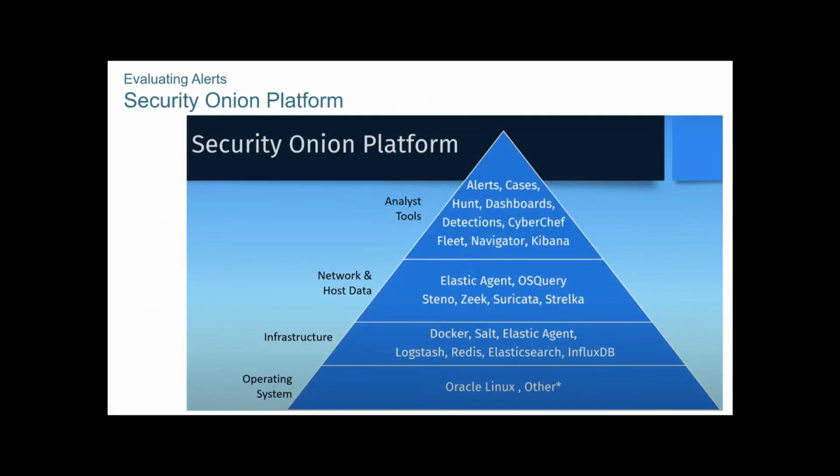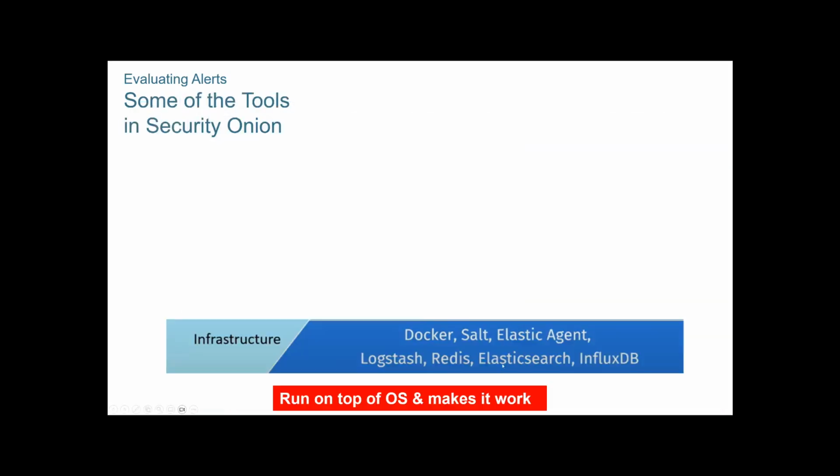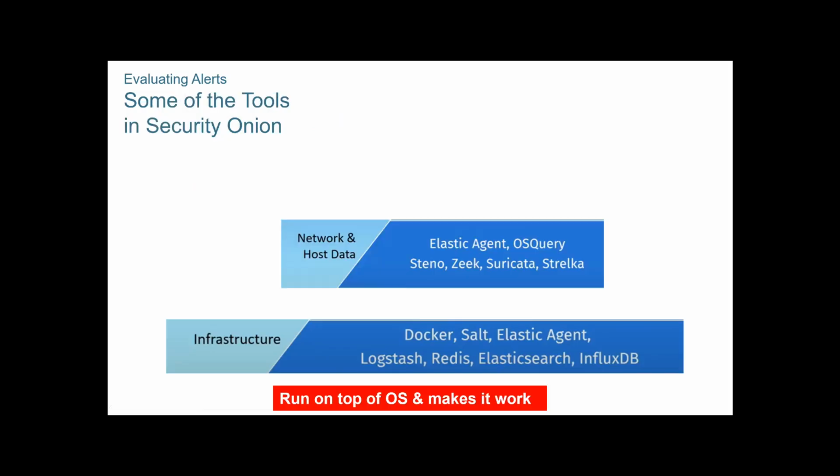This is another way to look at it. So Security Onion runs over an operating system, mostly Linux. And then we have the infrastructure that runs on top of the operating system, makes all those analysis tools and so forth work. Then we have the network and host data, and that could be intrusion detection, both host and network.